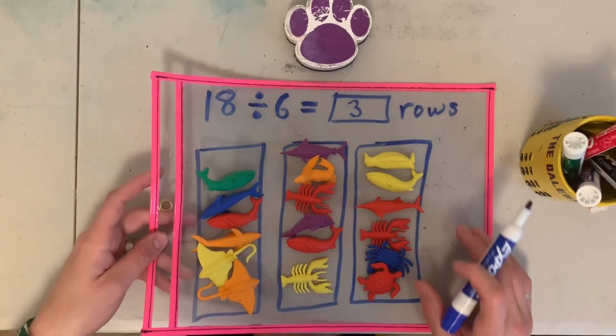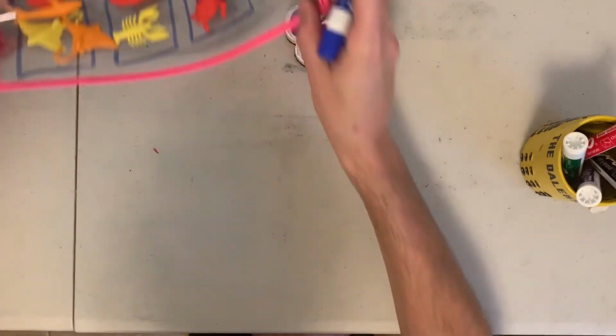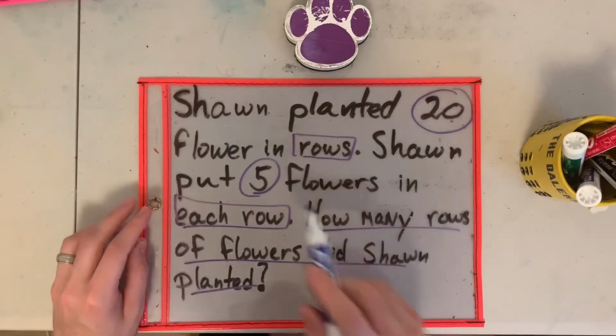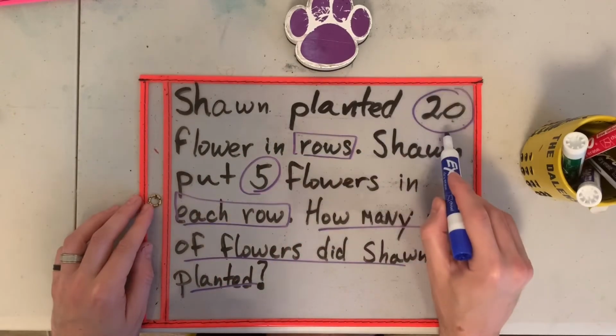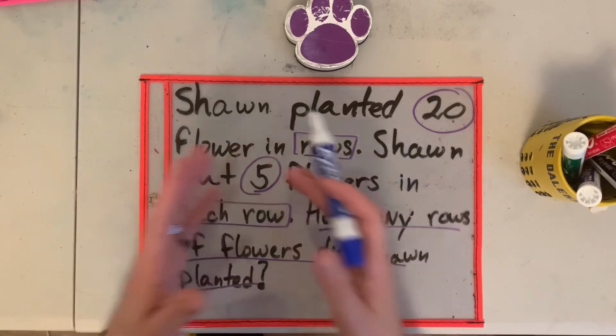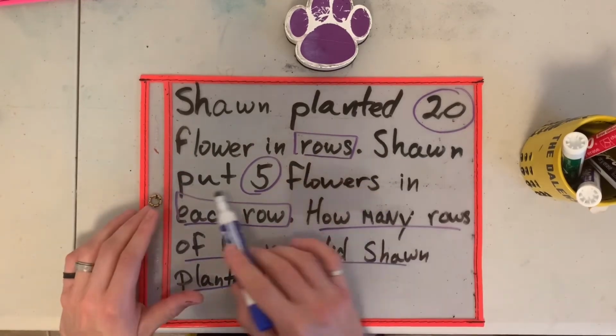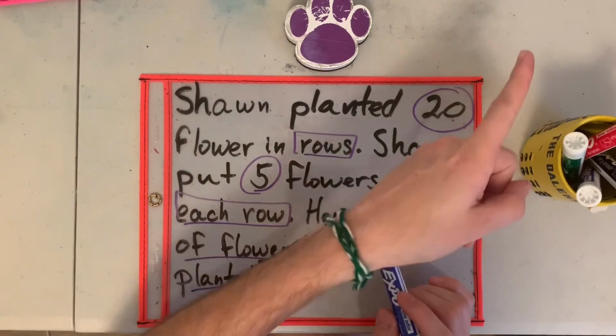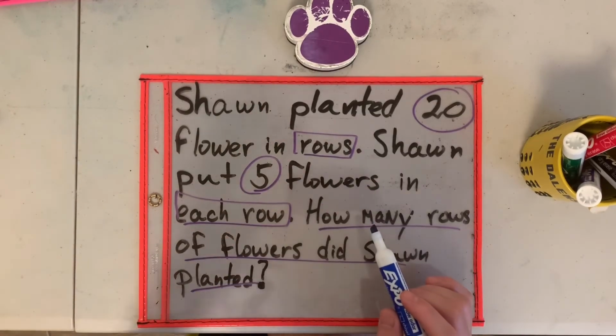Okay? You're going to do the same thing, but with this word problem. Sean planted 20 flowers in rows, 20 flores en filas. Sean put 5 flowers on each row. Ahorita era 6 flowers on each row.